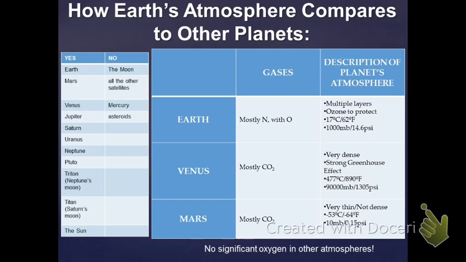On Earth, the average temperature is 62 degrees Fahrenheit and the average air pressure is 14.6 psi. It also contains an ozone layer to filter out harmful solar radiation. Now, looking at this comparison, Venus is just too hot, Mars is just too cold, and because of all the conditions being just right on Earth, it has earned the nickname the Goldilocks planet.